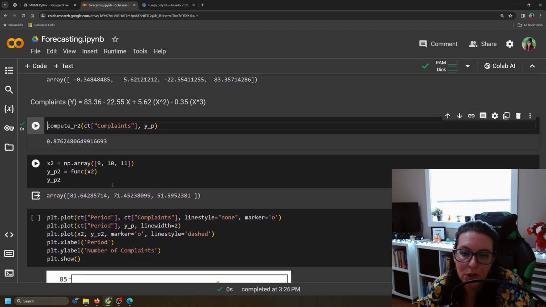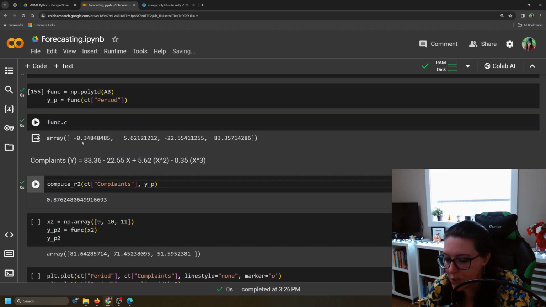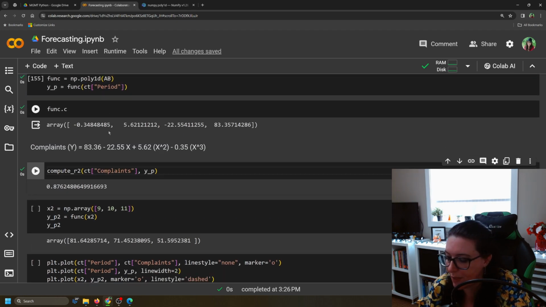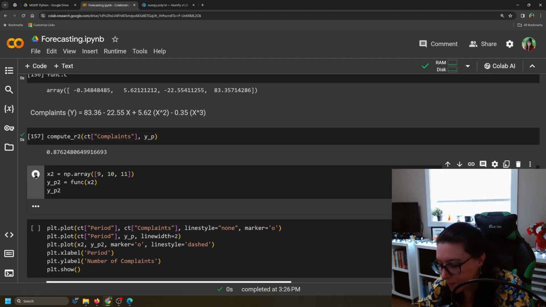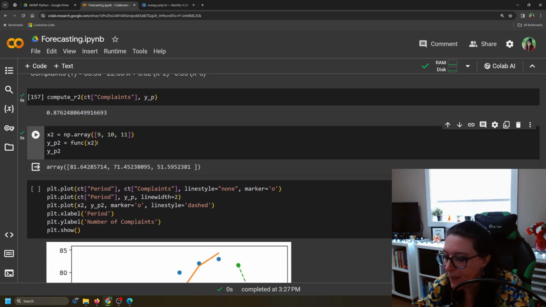So to see the future, let's create an array of x values that is 9, 10, 11, and then have it take our new function, our polynomial of degree 3, and calculate or get the predicted values for y. Okay, so when period 9, it's predicting 81.6.